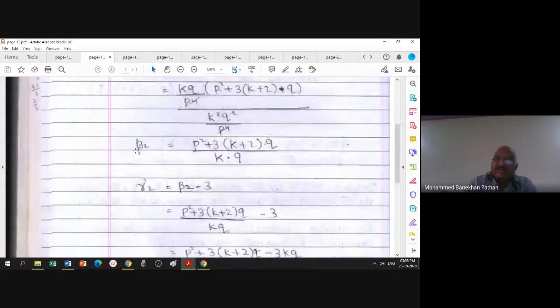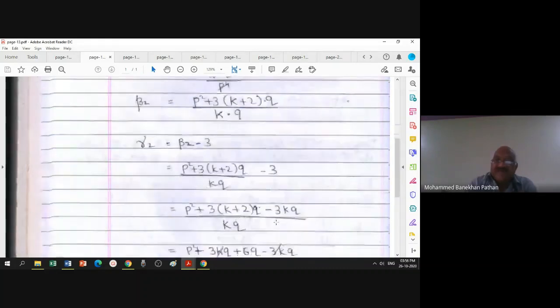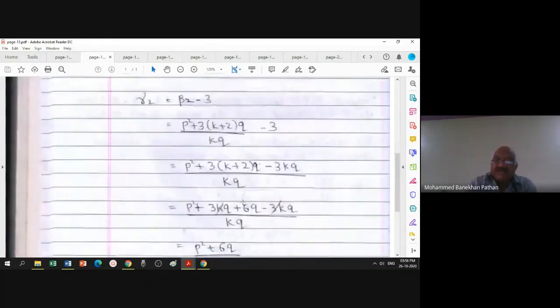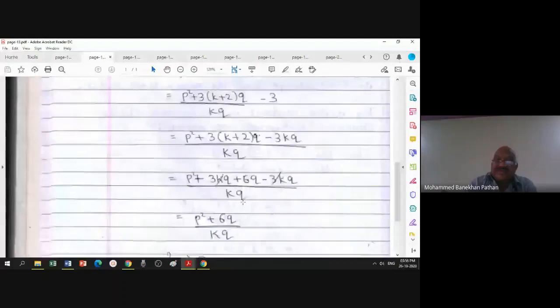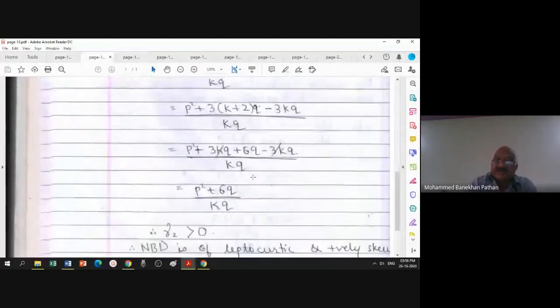With the help of beta 2, we can get another coefficient that is named as gamma 2. Gamma 2 is nothing but beta 2 minus 3. So this expression minus 3 will try to simplify, and finally you get such type of simplification.